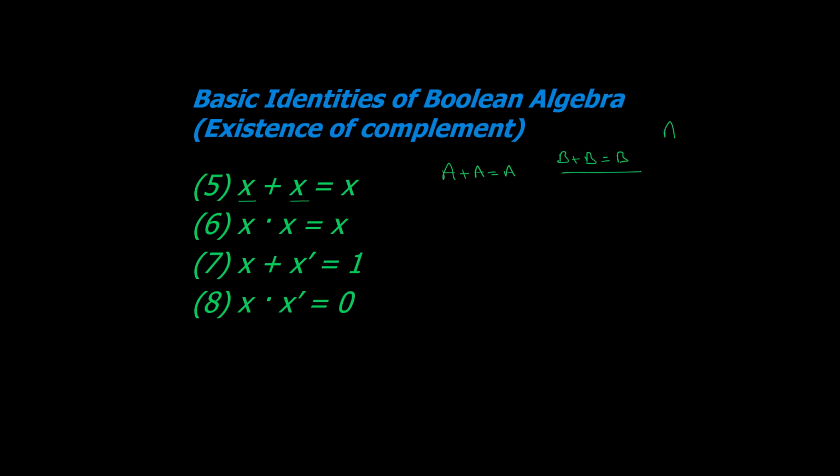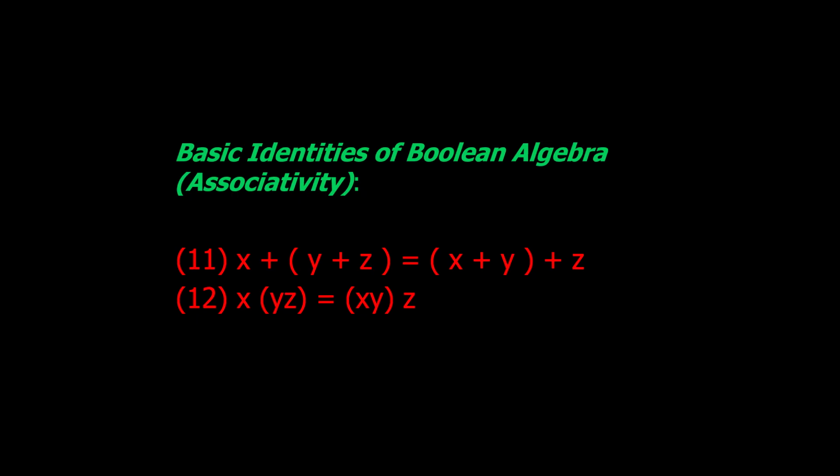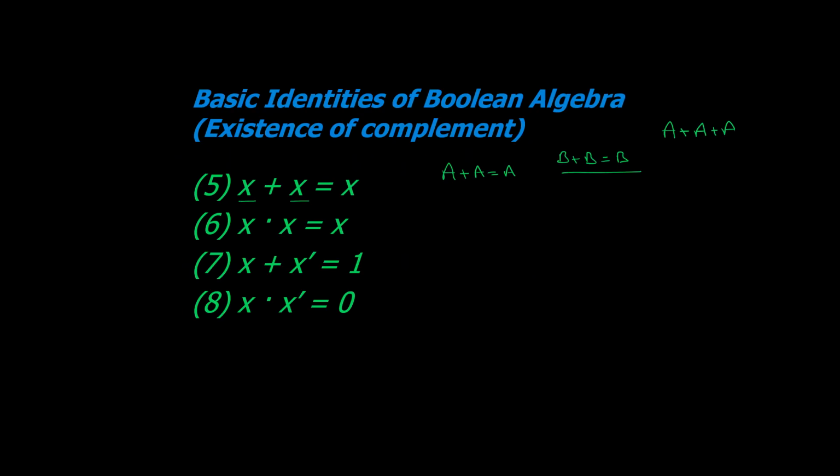Also, a plus a plus a would not be equal to 3a. Some correction is there. So a plus a is not equal to 3a; that would be equal to a. However many times you add it, that will be equal to the same number.